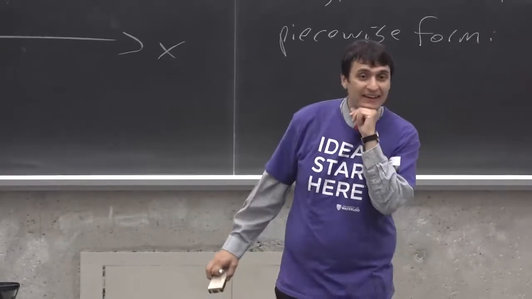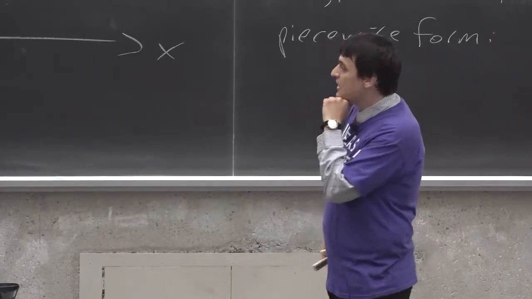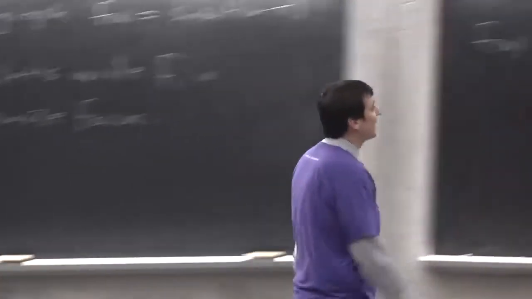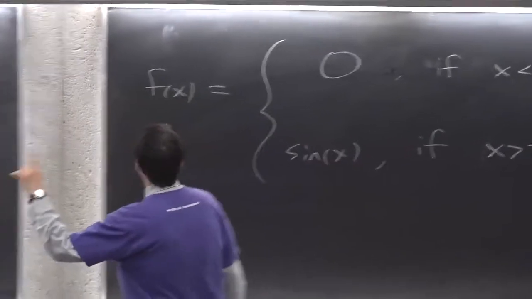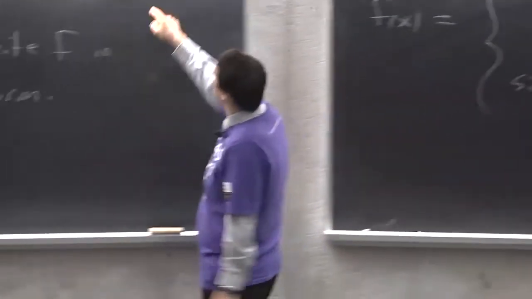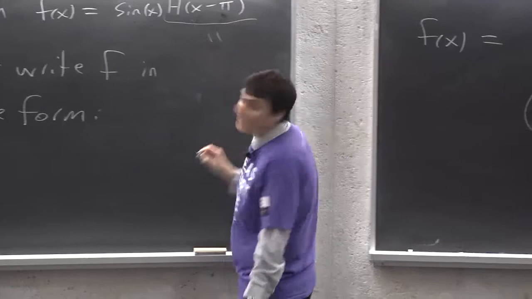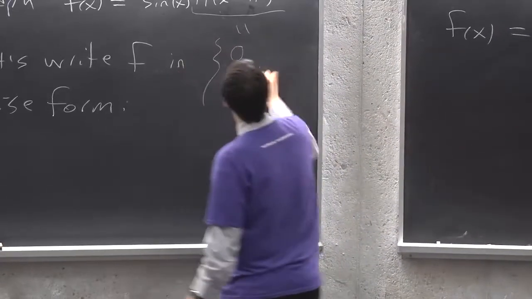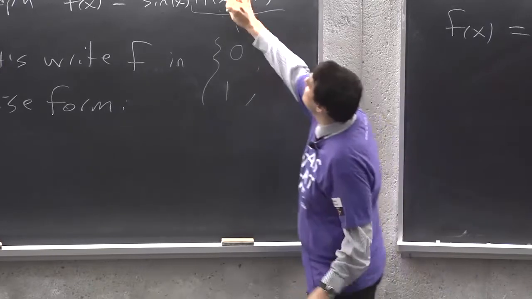Why, what's pi? Okay, sure. So back to this. I'm trying to think of the best way of saying this. Okay, so just over here, h of x minus pi, just the h part, is equal to 0 or 1 depending on the argument of the function.